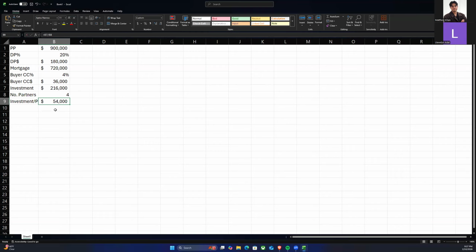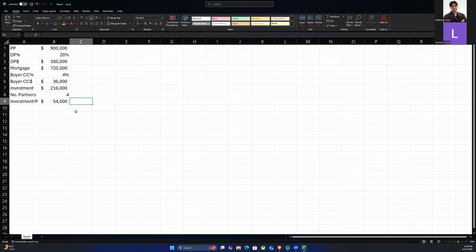Now, that just tells us the dollar amount per partner. But I will tell you that every calculation is done on the entire property, because you have to think of it this way. Let's go to the right side for a moment.